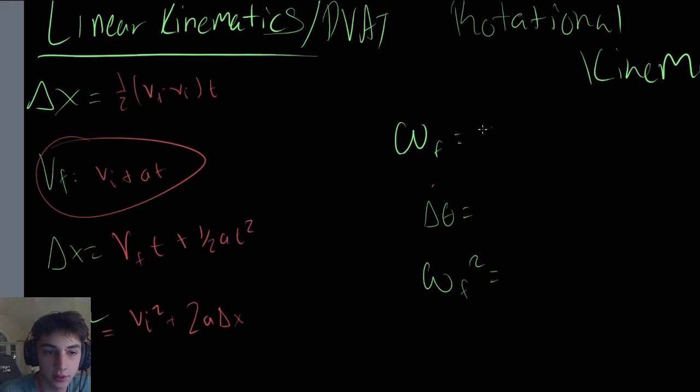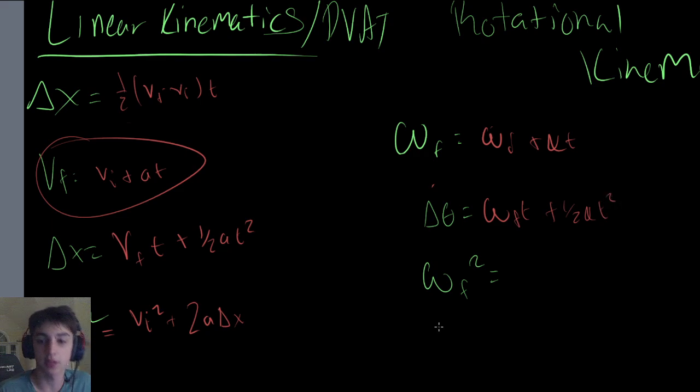So our final angular velocity will be equal to our initial angular velocity plus our angular acceleration times time. For our angular displacement, we have the final angular velocity times time plus 1/2 angular acceleration times time squared.